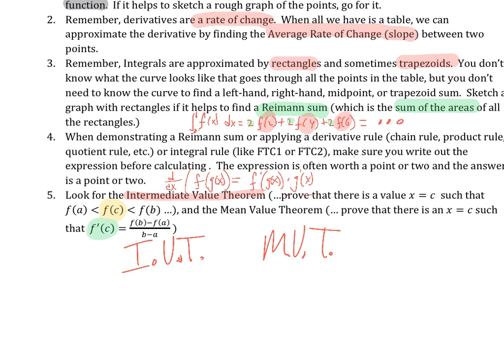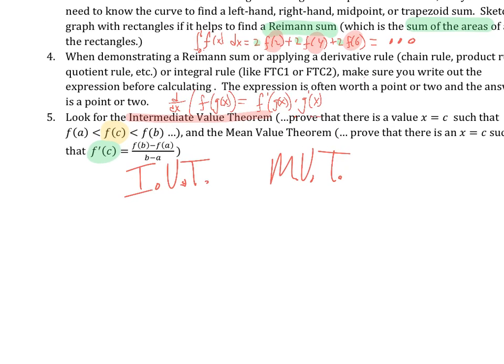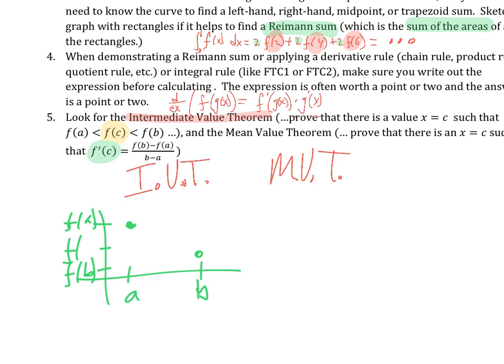So the intermediate value theorem says that if we have a function, and we've got a point up here and a point down there, at A and B, then for some given value, some height in between f of A and f of B, there's got to be some c.